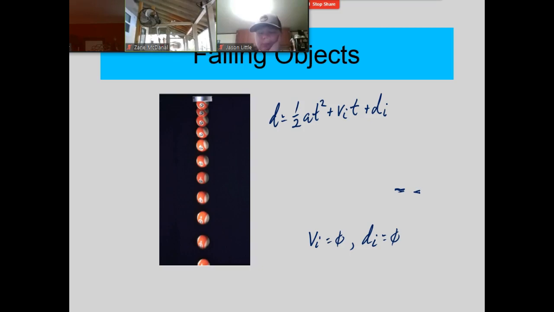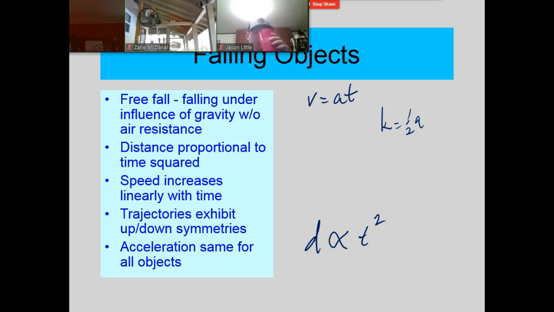I almost guarantee you it was released from rest because it's really hard to get it to stop right at the top. That's what they mean by trajectories exhibit up and down symmetries. The acceleration is the same for all objects. Unlike what Aristotle said, Galileo and Newton agreed the acceleration is the same for all objects. Okay.